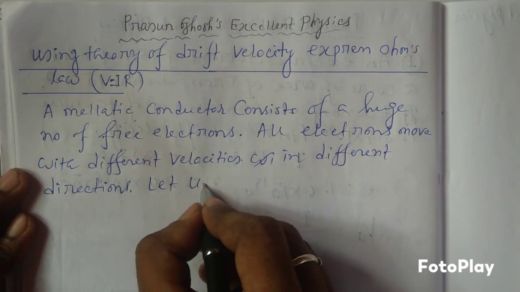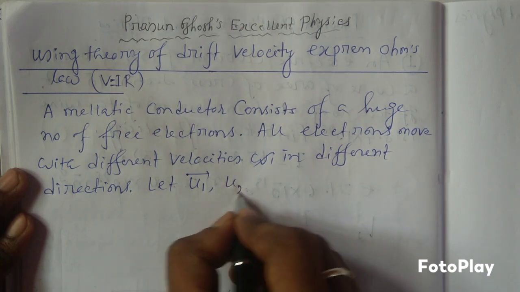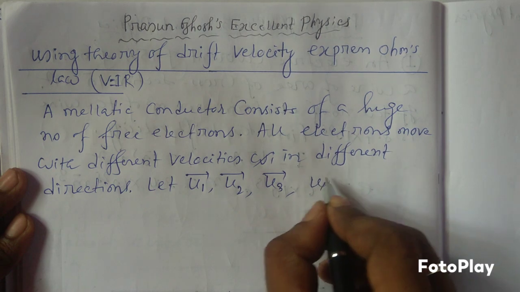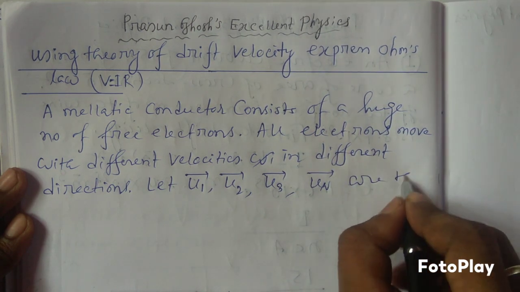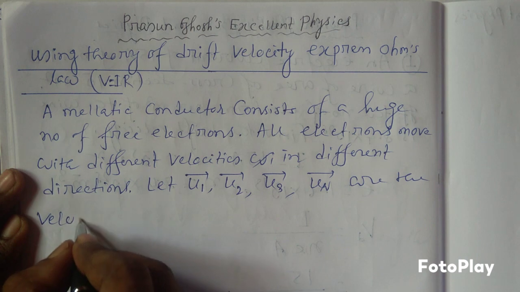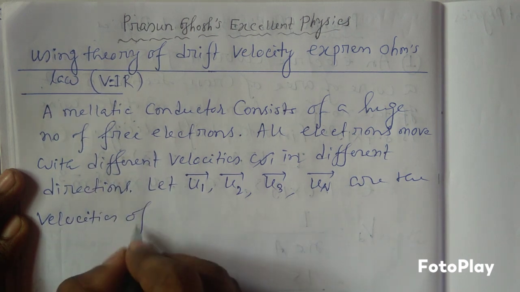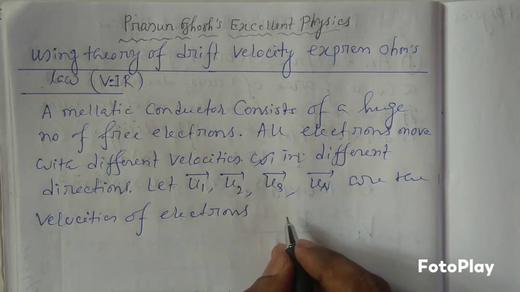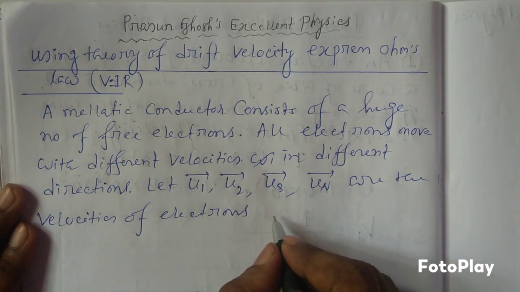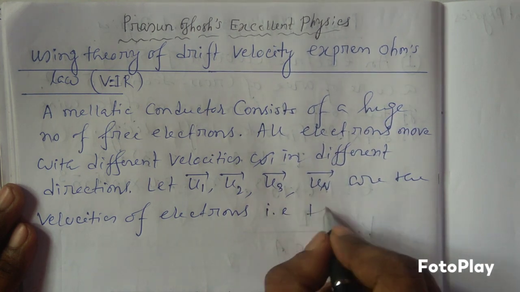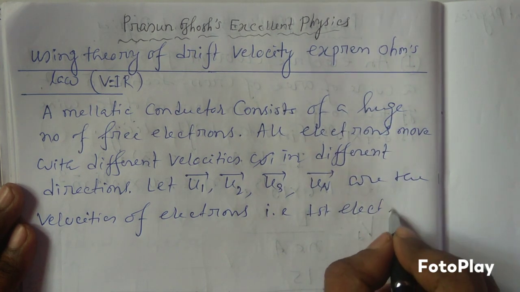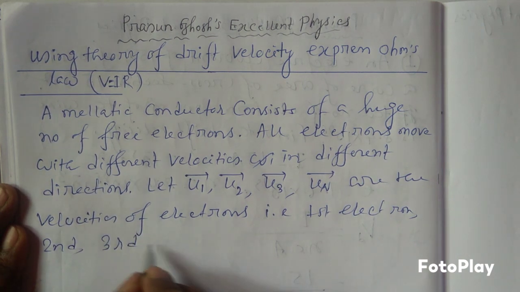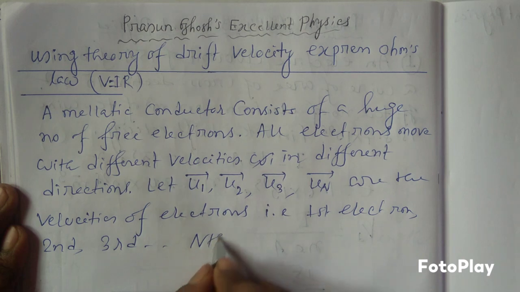Let u1, u2, u3, un be the velocities of the electrons, that is the first electron, second, third and nth electron.